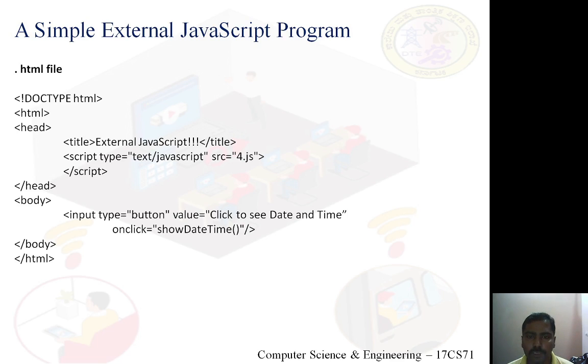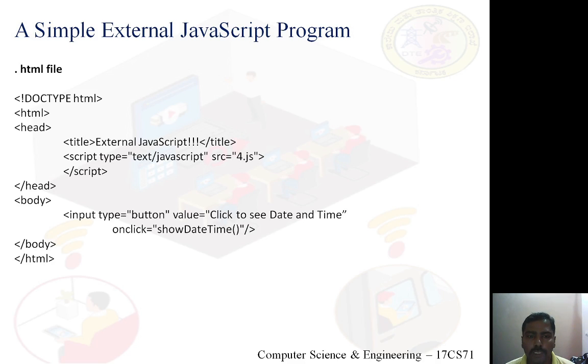In the first part, it's only an HTML file. Looking at the head section, within it I specified a script tag, and in the script tag there are no JavaScript codes. The only thing I specified is the JavaScript source file that contains JavaScripts.